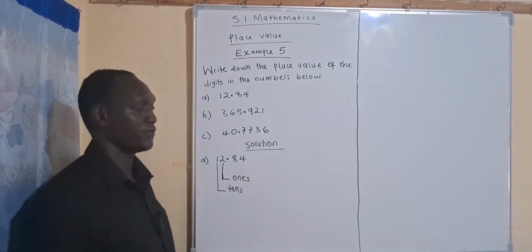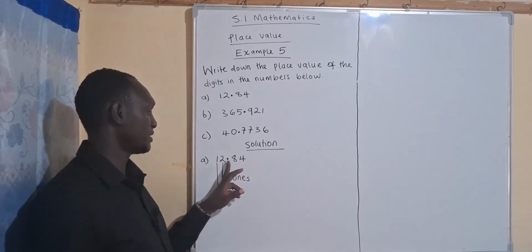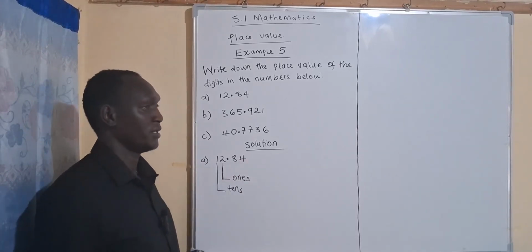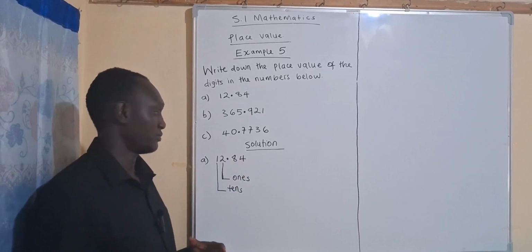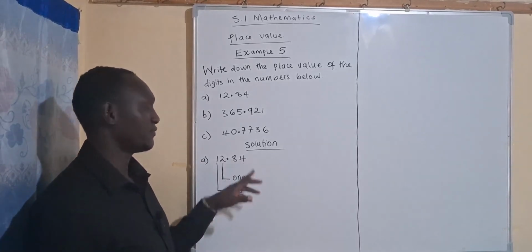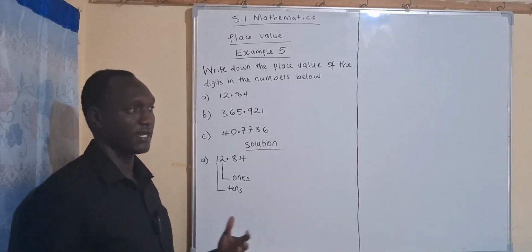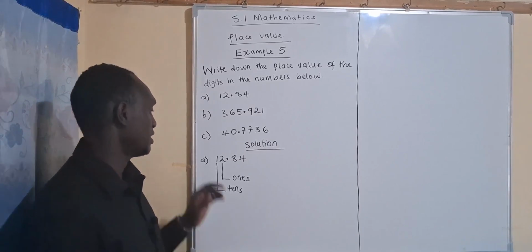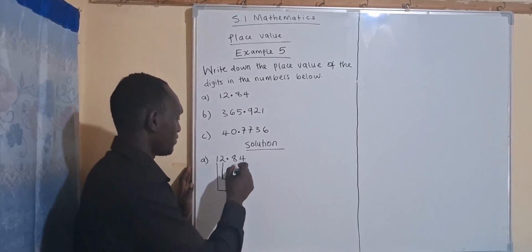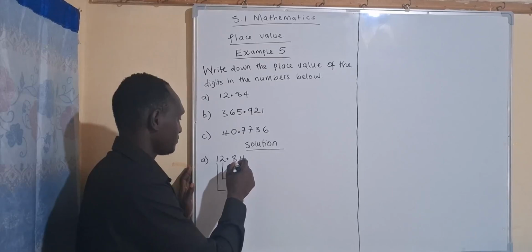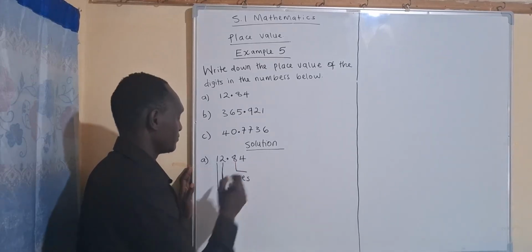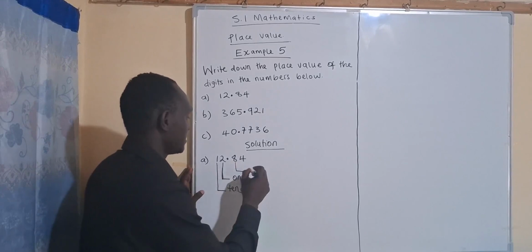Now 4 is the same as 0.04. We look at that number alone. So this 4 was literally divided by 100. So the place value for this 8 here is tenths.